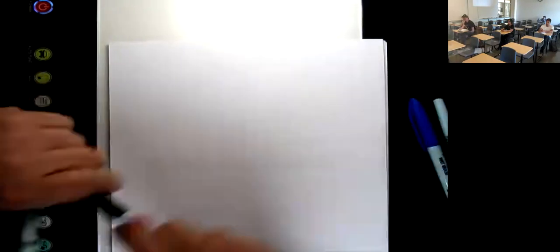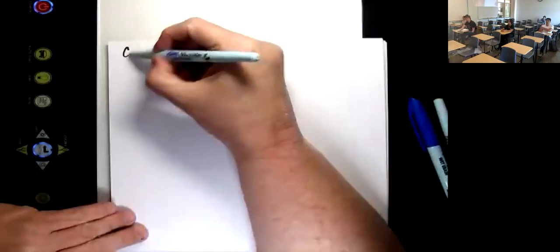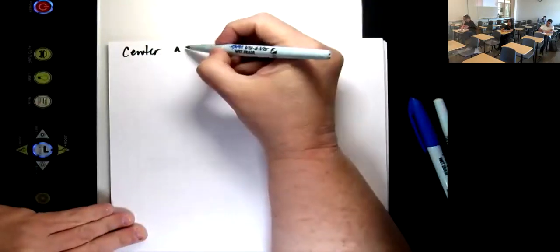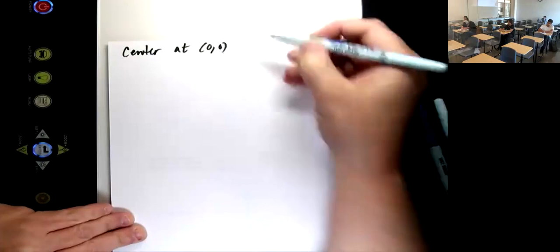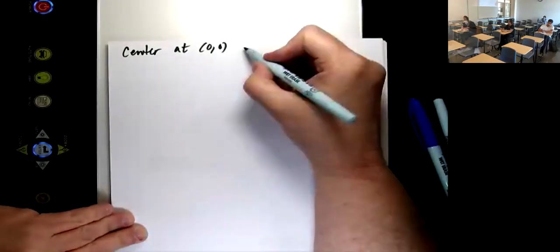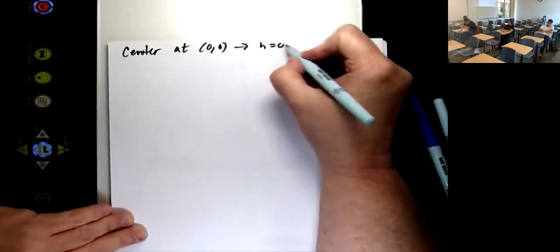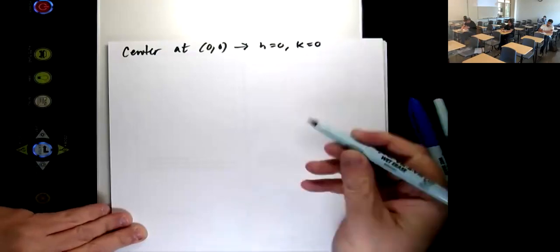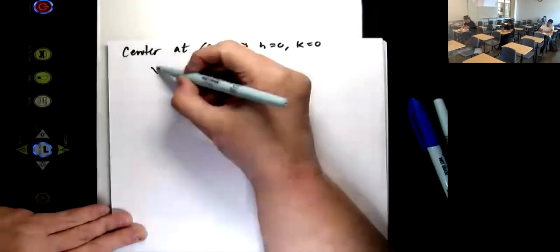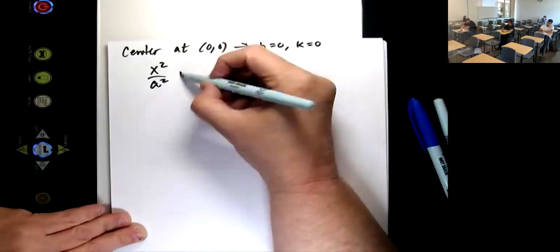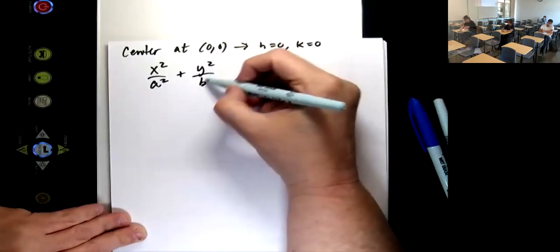Let's go on a little bit further. For a little while, we're going to set the vertex or center at 0, 0, just to simplify the ideas that we're starting with, which just means h equals 0 and k equals 0. But the equation hasn't changed. That simplifies this down to x squared over a squared plus y squared over b squared equals 1.